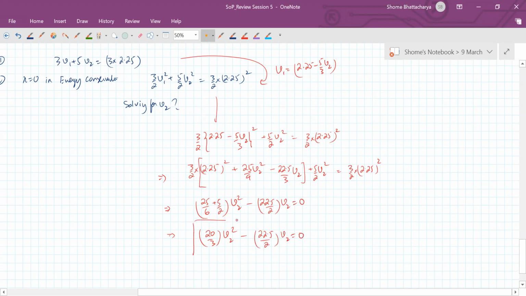So this will give us two roots. One is of course V2 is equal to 0, which is not the root that we're looking for because that is the minimum speed of V2. Whereas the maximum one, that is the one that we're looking for.